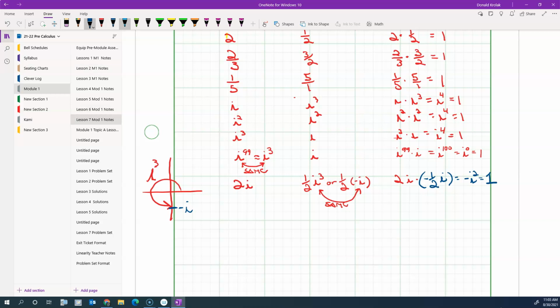Let's do another one here. What if you had negative 7i? Negative 7i. Okay, what's it going to be? What's the conjugate?